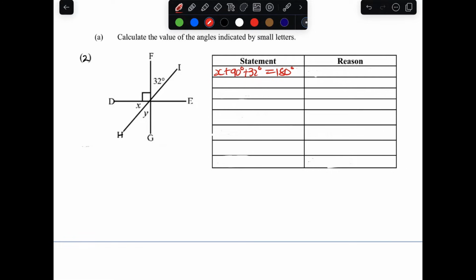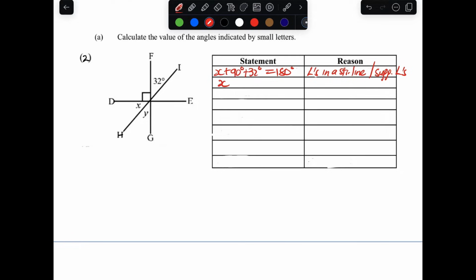And when we add those angles in that straight line, which is HI, we call them angles in a straight line, or supplementary angles. We call them supplementary angles.